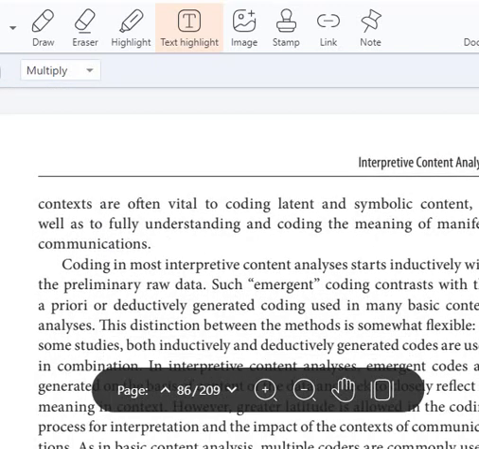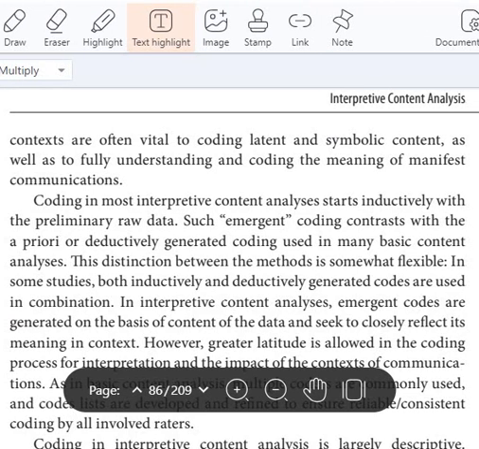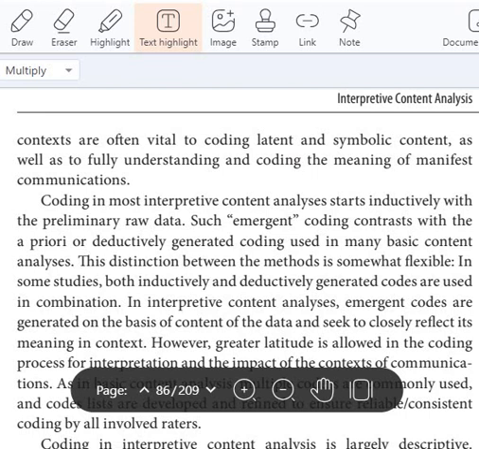These contexts are often vital to coding latent and symbolic content, as well as to fully understanding and coding the meaning of manifest communications. Here, coding is very important. Everything is very important here. Please focus here with me.